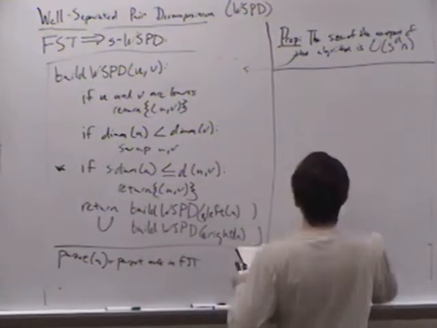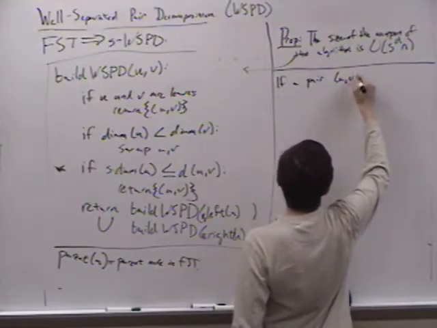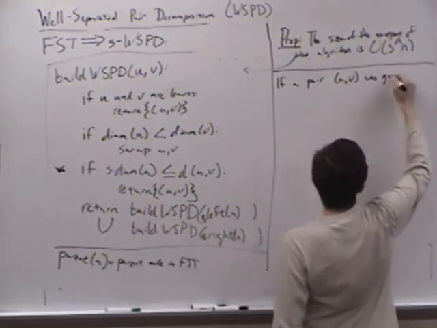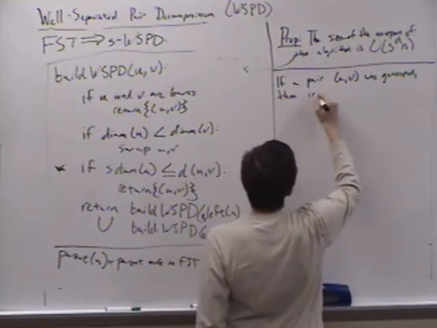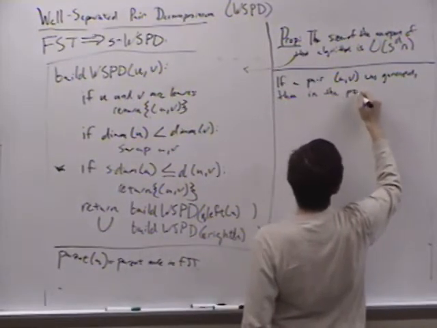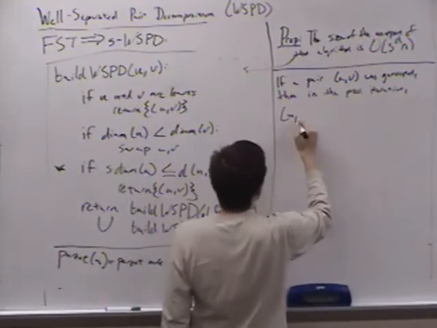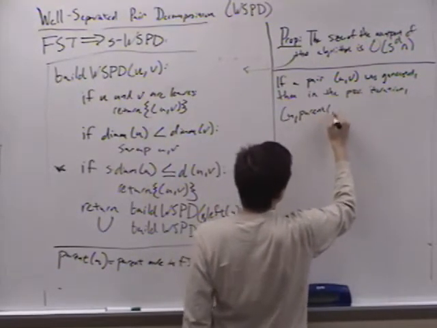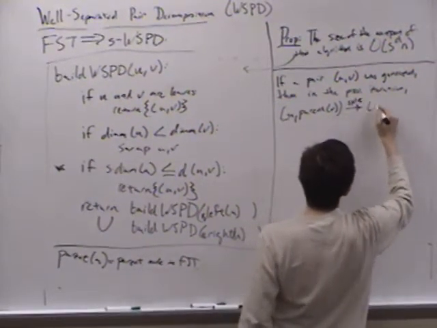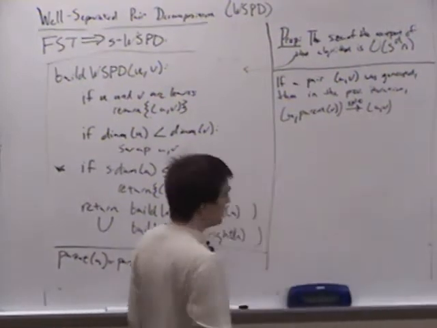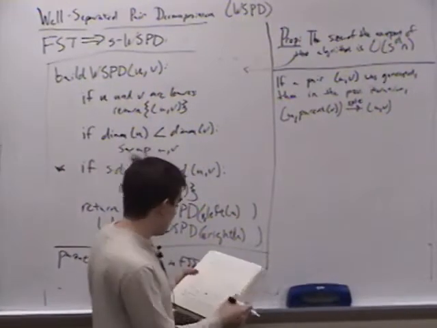So if a pair uv was generated, then in the previous iteration, parent of v and u was split into uv. So we started at some level of the tree, and then we split it apart, and then we got to this tinier node here.